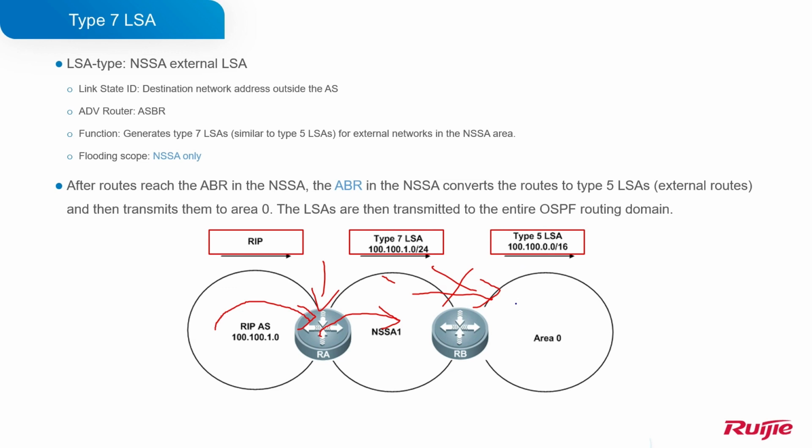Okay. So the Type 5 LSA information can be transmitted to the whole OSPF routing domain. Okay. But the Type 7 can't be transmitted to other areas. So this is Type 7 LSA information.